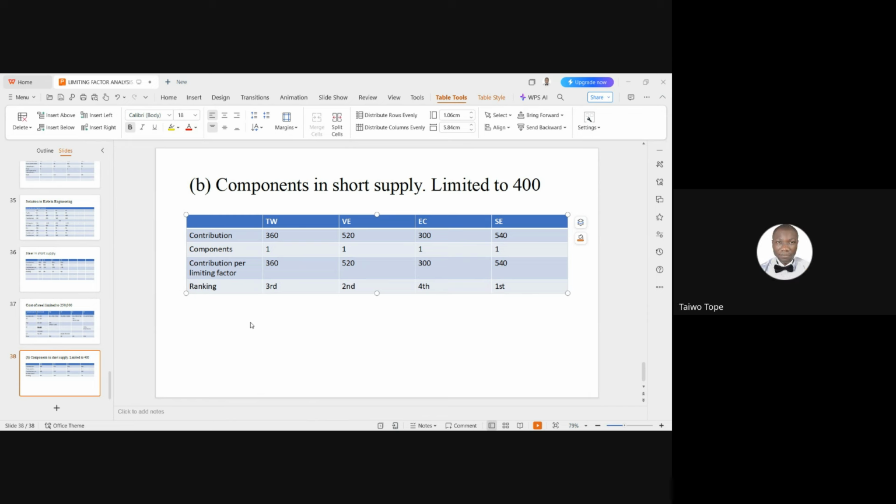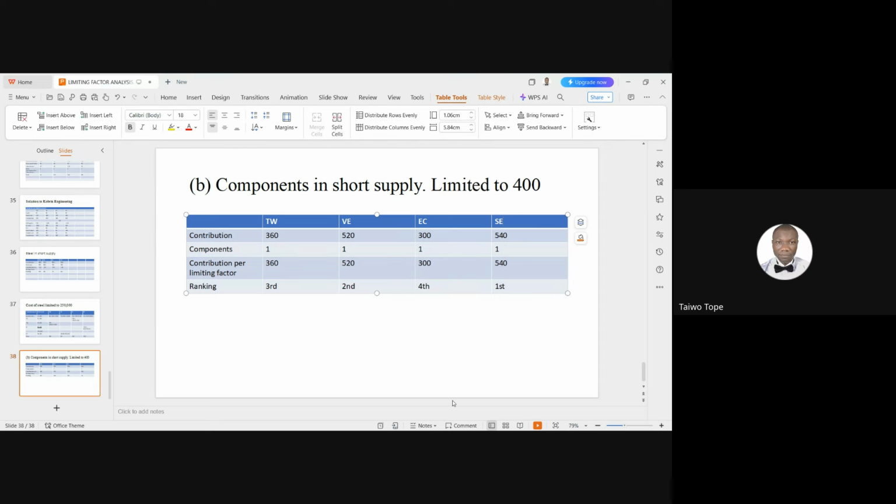To produce 1 unit of TW, how many components do you need? 1 component. Good. So for TW, the special order is what? 30.